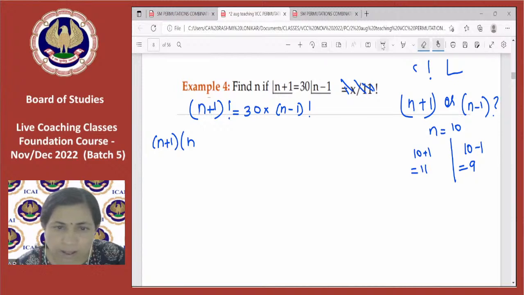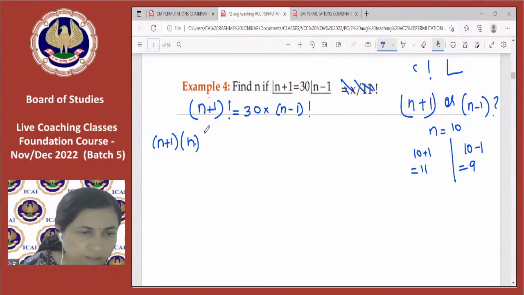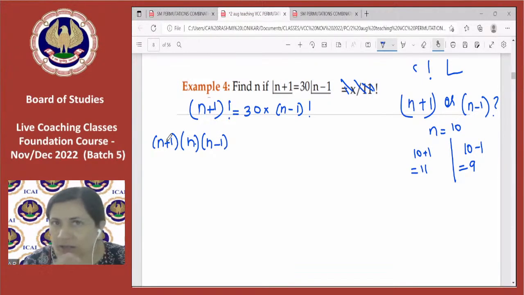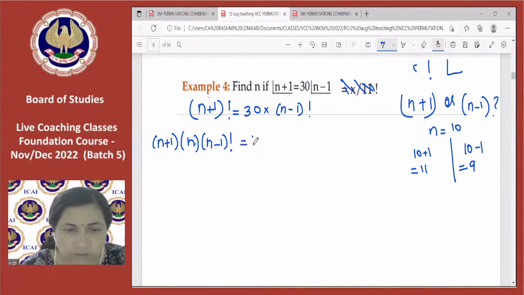So I have n plus 1 into n into (n minus 1) factorial. From n plus 1, I have taken out 1 to get n. From n, I am taking out 1 more, and I will get n minus 1 factorial. This is equal to 30 into n minus 1 factorial.